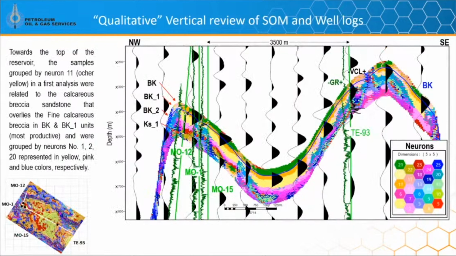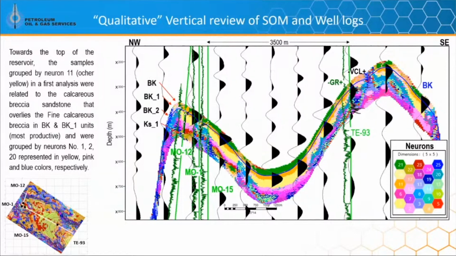In the second step, as I showed you in the workflow, we review the self-organizing map, or SOM, results in vertical sections. This is an example in this slide. You can see in black the amplitude traces, or wiggles.